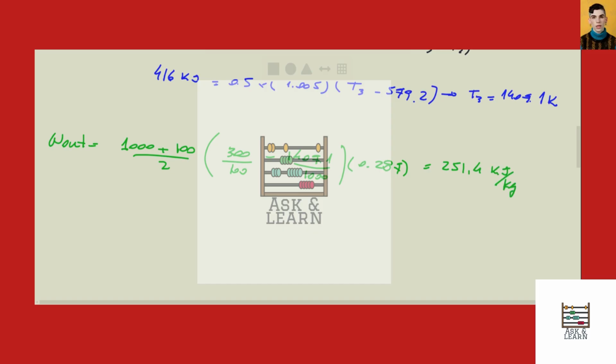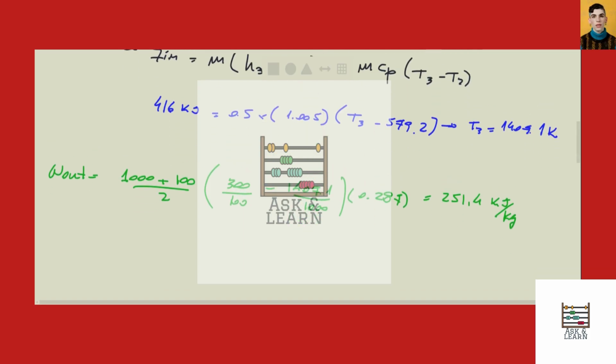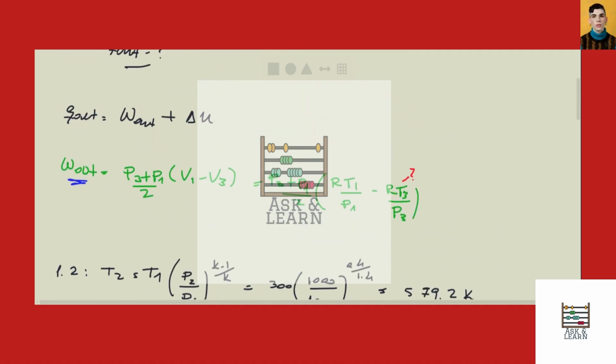Now that we found the output work, we can finally find the output heat. Therefore, let's put in here, the output heat is going to be negative m times the work.